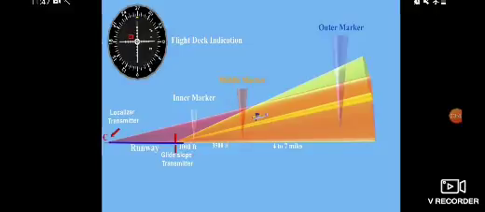You can see that the outer marker is at 4 to 7 miles, and at the same time the middle marker is going to be at 3,500 feet. That means the distance at which we are going to be placing the markers, and 1,000 feet from the runway point is going to be having the inner marker. So like this we are having 3 markers.